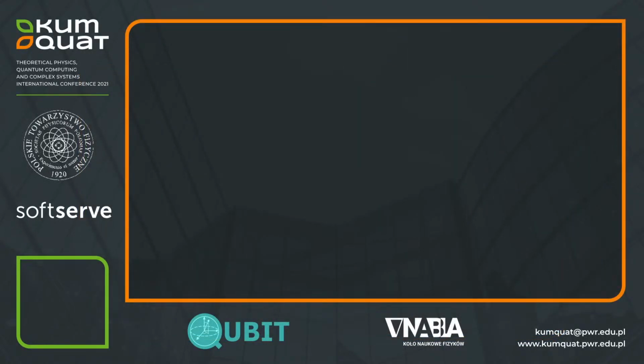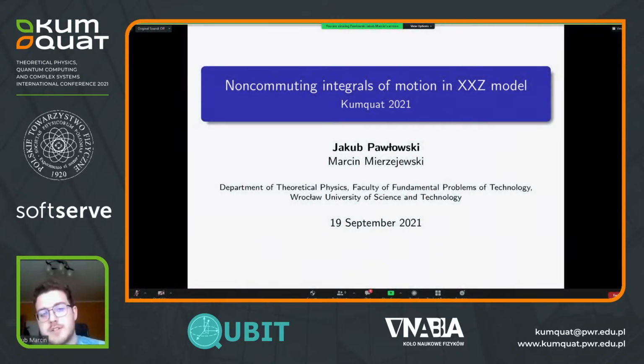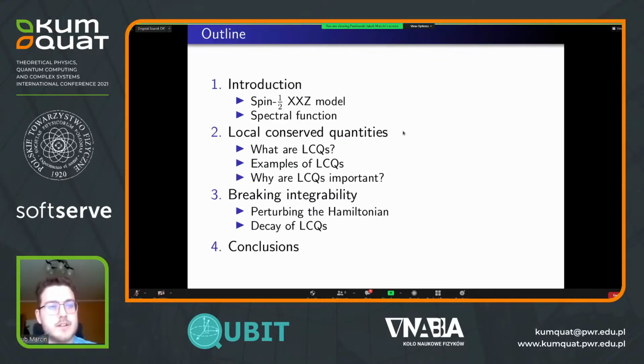All right, so as Arek said, my name is Jakub Pawłowski, and I'm a fourth-year undergrad student at Wrocław University of Science and Technology. Today I will talk to you about non-commuting integrals of motion in the XXZ model, and commuting integrals also, but we'll see. So let's start. I will begin the presentation by introducing you to the spin 1/2 model Hamiltonian.